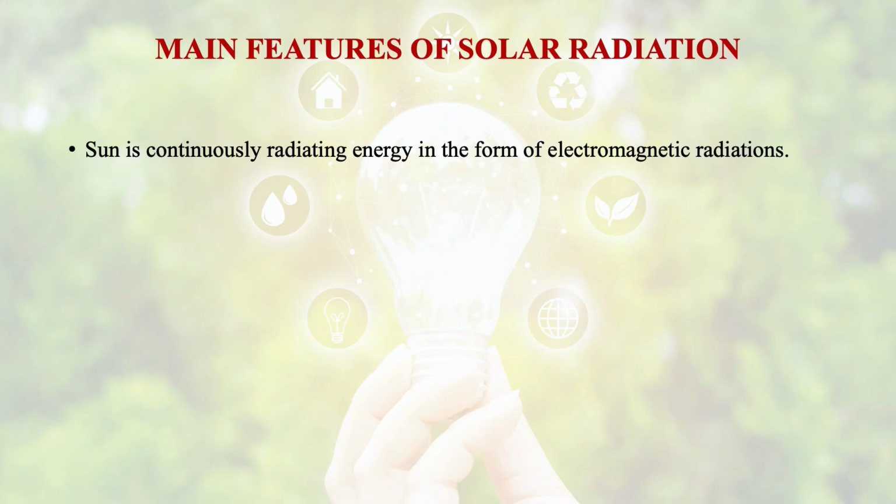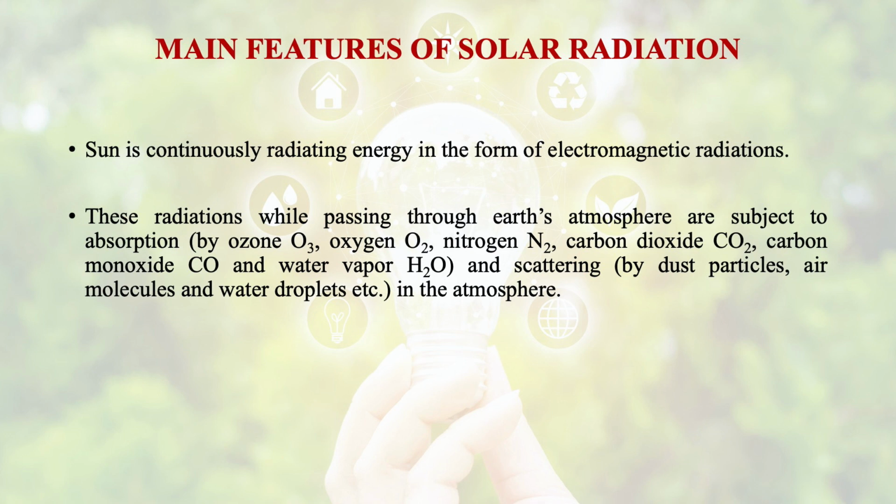Now comes what are the main features of solar radiation. As we know that sun is continuously radiating energy in the form of electromagnetic radiations, and these radiations while passing through Earth's atmosphere are subjected to absorption by ozone, oxygen, nitrogen, carbon dioxide, carbon monoxide and water vapor, and scattering by dust particles, air molecules and water droplets, etc. in the atmosphere.